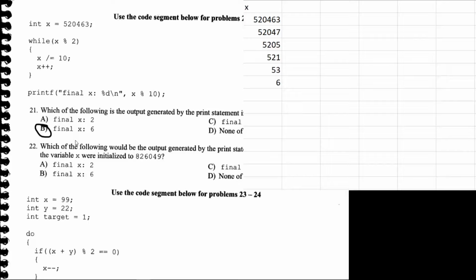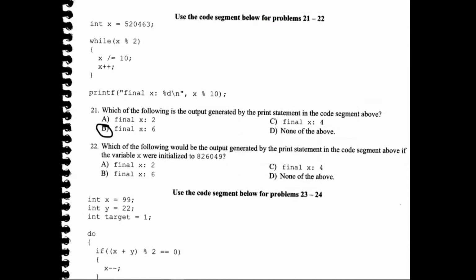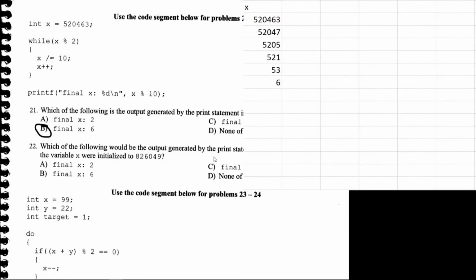Now, moving on. I have covered up one of the answer choices here, but C is 4. Moving on to 22, which has the same exact answer choices as 21.